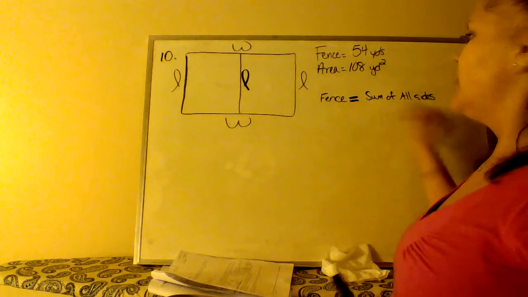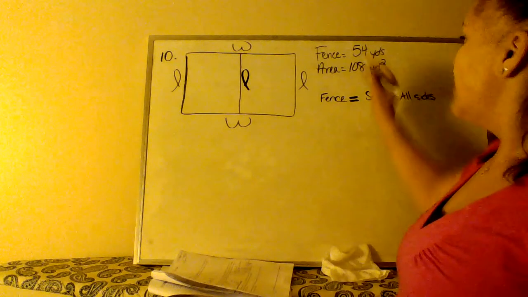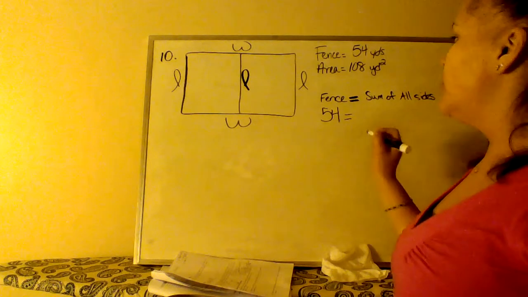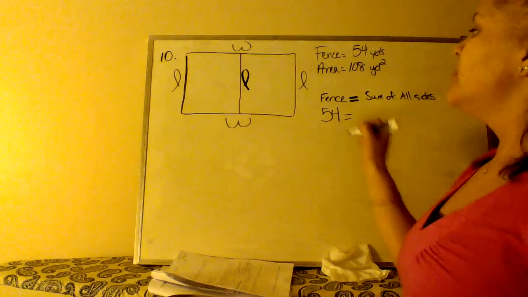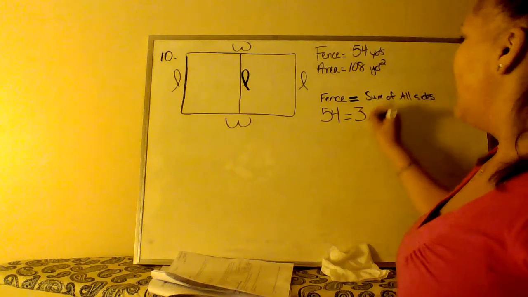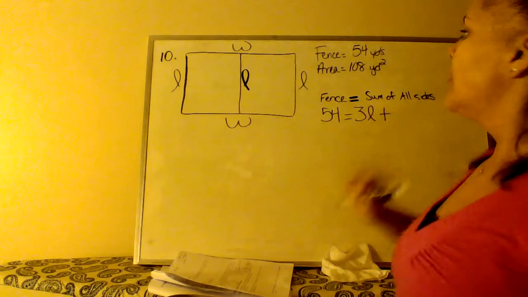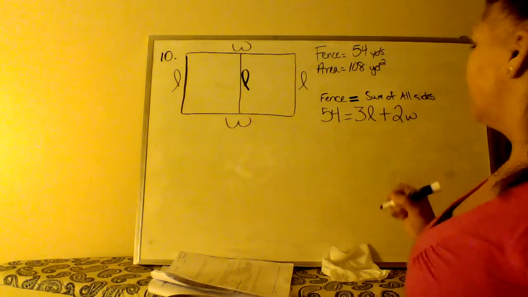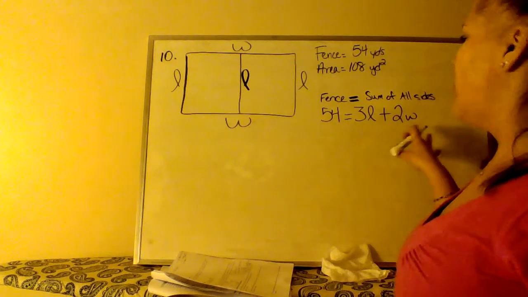The fence is equal to the sum of all sides. So the fence we know is 54 yards, and that's equal to the sum of all sides, which is actually 3 L's plus 2 W. Okay, so we have our equation set up.